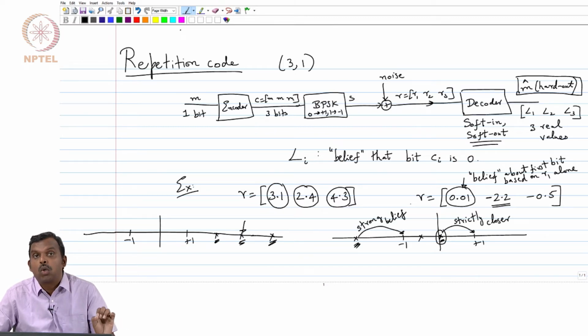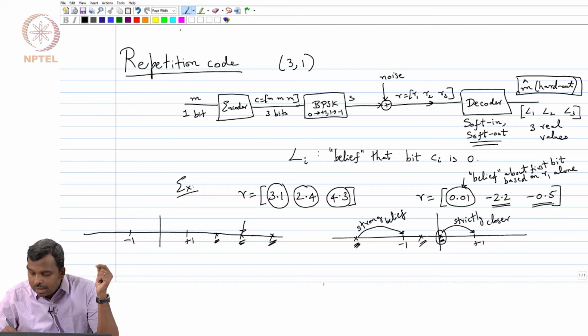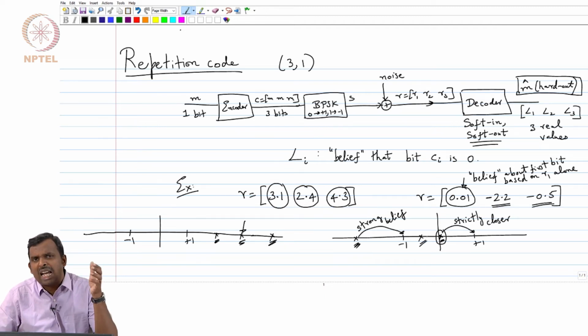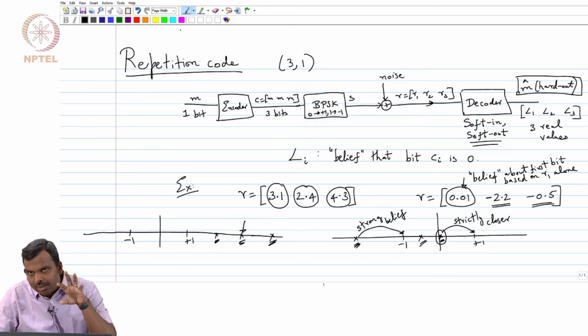And remember, from my code, I know that I transmitted the same bit once again. So to find a belief about the first bit, not only should I use R1, I should also use R2 and even R3. Now R3, you might say -0.5 is not as strong as -2.2. It's a little bit weaker than -2.2. It says it's -1.